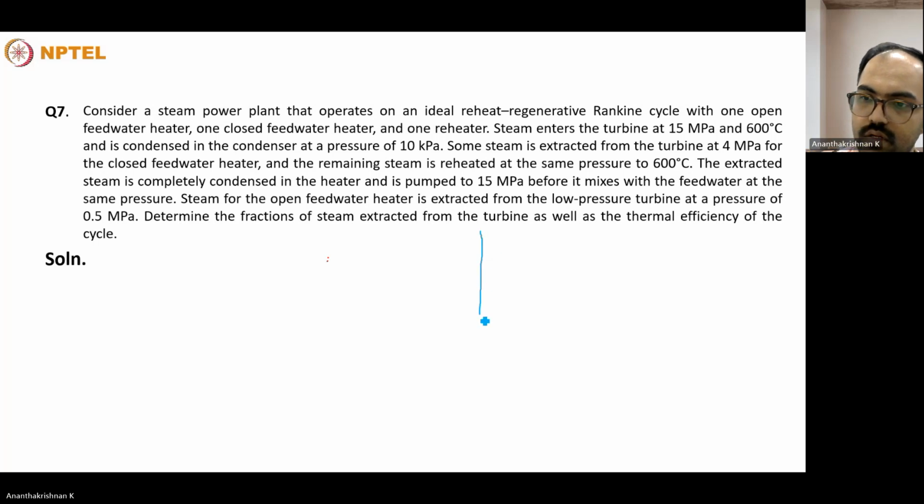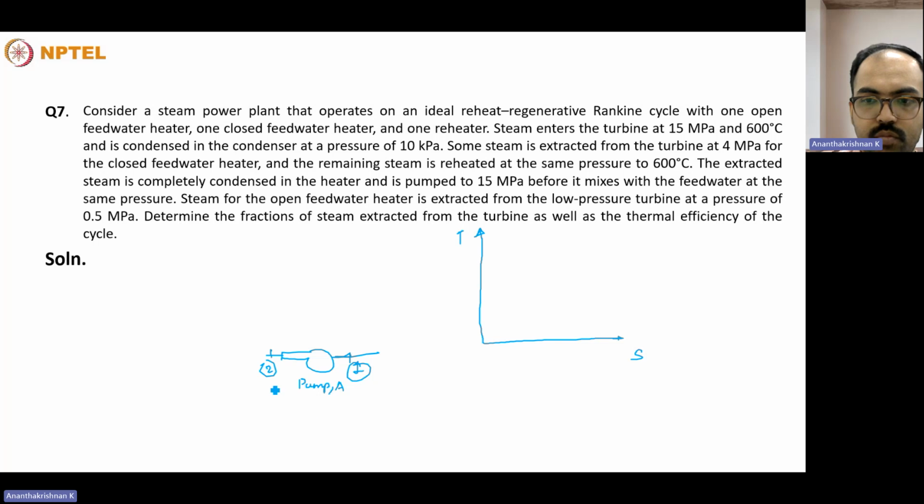On a TS plane, we can draw it, and simultaneously the schematic also we can draw. There was a pump, a low pressure pump, just like the previous case, which operates at 10 kilopascal. The starting point will be 1, the ending point will be 2, and it will be 10 kilopascal.